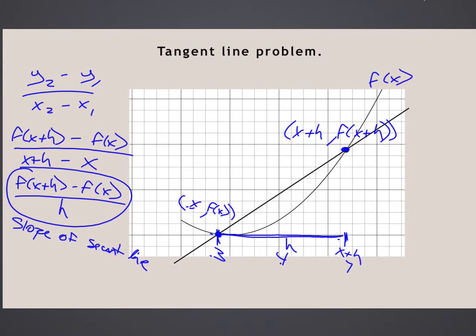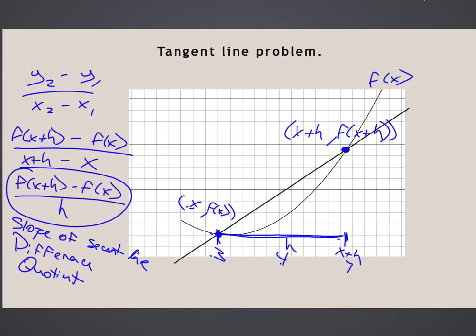It is also called something else. It is called the difference quotient. Why do you think it's called the difference quotient? Because I have both subtraction and division, so that's why it's called the difference quotient. So the difference quotient produces the slope of the secant line.